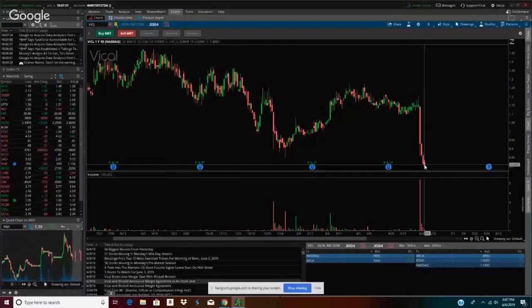What we want to do is go here, look at the previous day's candlestick, and check out the high and the low. What was the high? What was the low? Right? So the low was 80 cents. That's today.